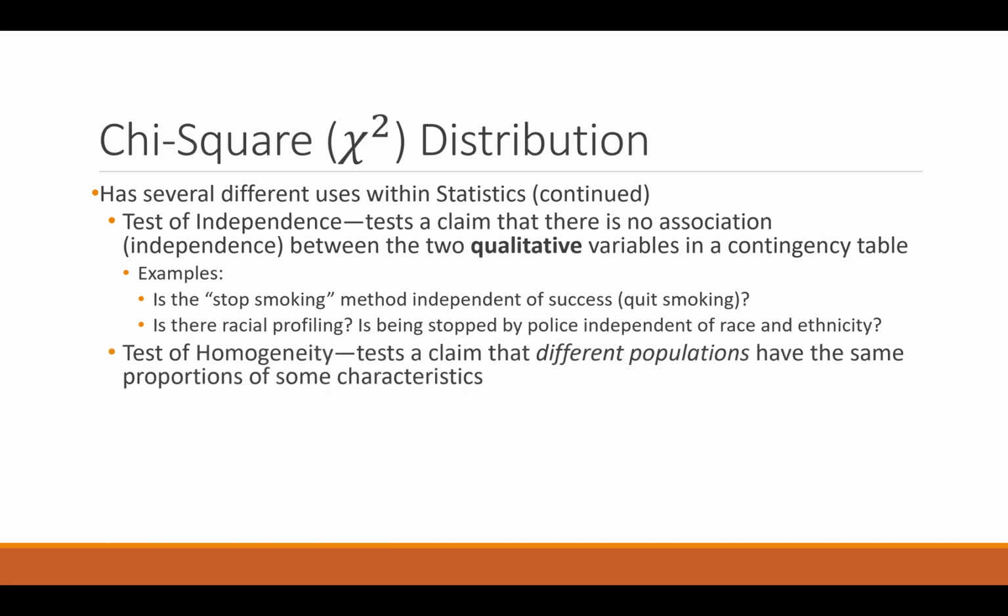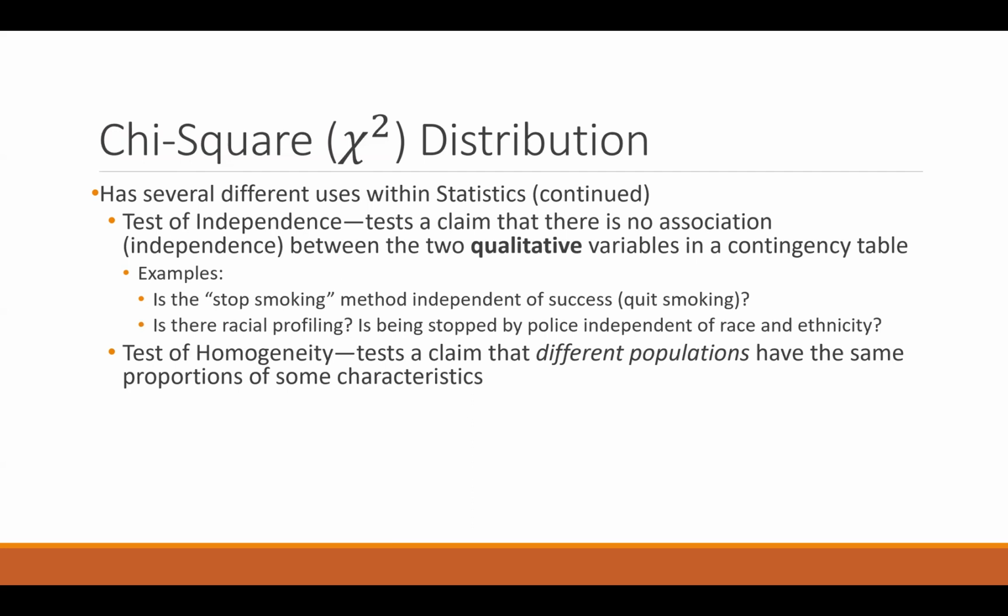Test of homogeneity. The test of homogeneity looks at a claim that different populations have the same proportion of characteristics, that they're similar in their makeup, even though they're two totally different populations.